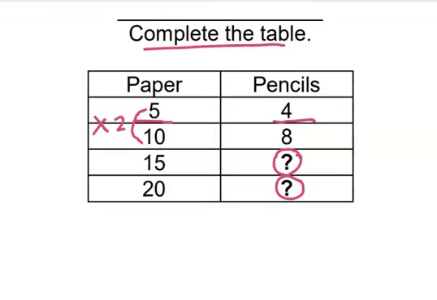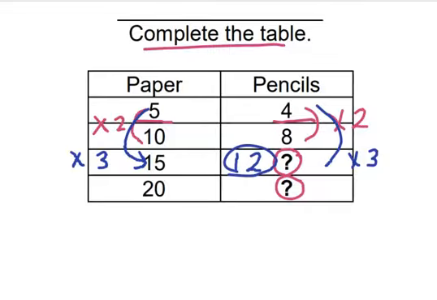Okay, and so that's what we did for pencils, we also multiplied by 2. Okay, so to get to the next one, we're going from 5 to 15. Well, to get from 5 to 15, you're multiplying by 3. So we're going to do the same thing to this side to get this answer. So times 3. 4 times 3 is 12. Okay, so the answer to that part of the table is 12.